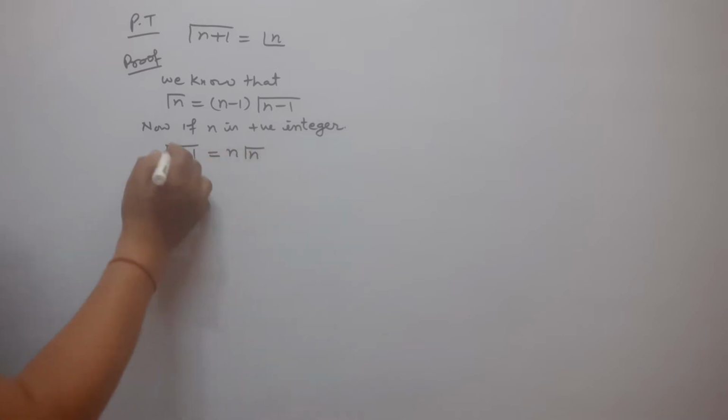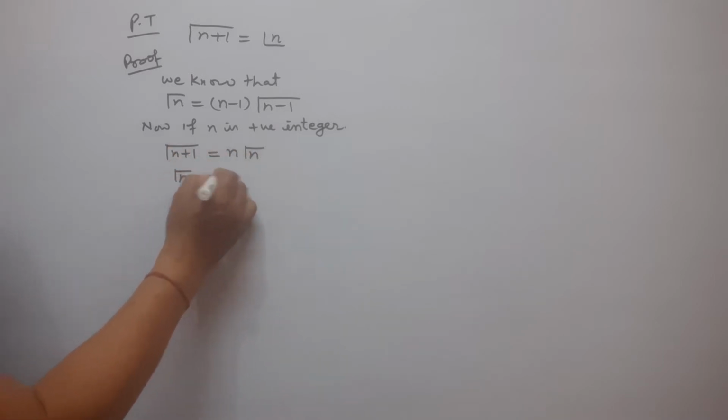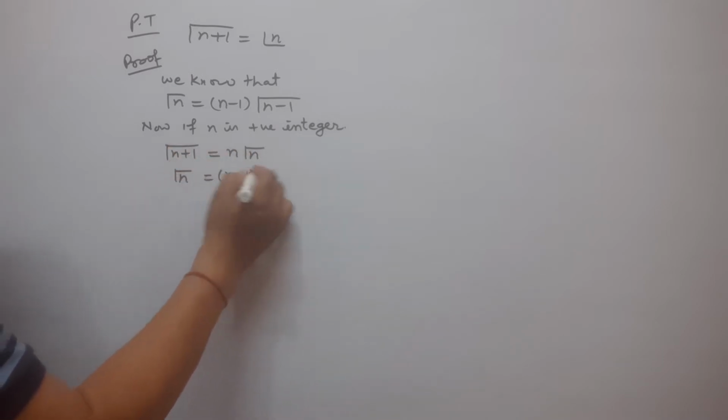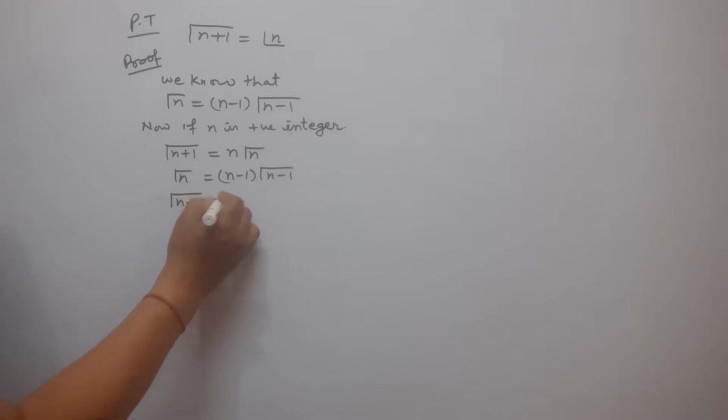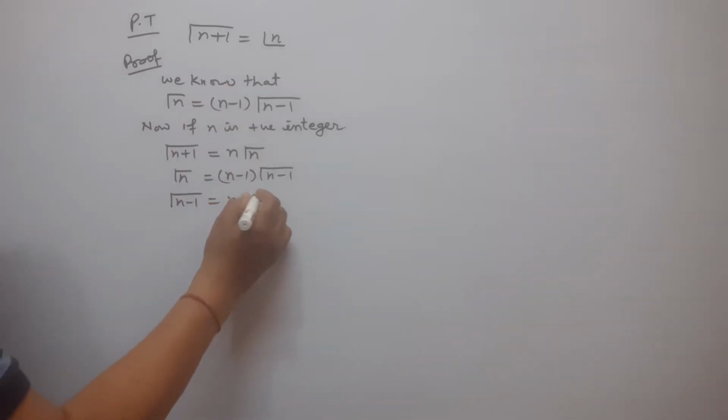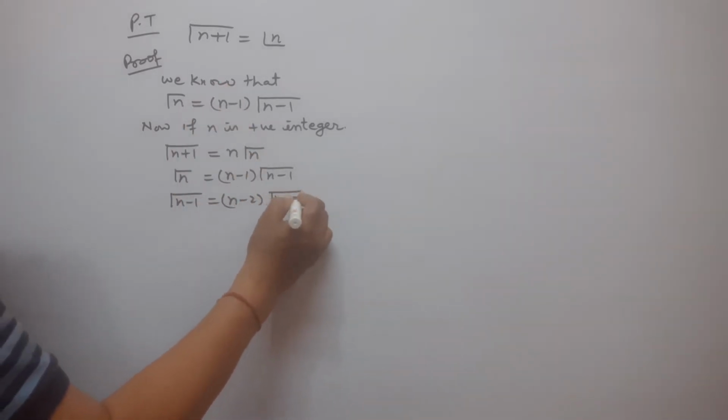Now we take gamma n is equal to n minus 1 gamma n minus 1. Now gamma n minus 1 is equal to n minus 2 gamma n minus 2.